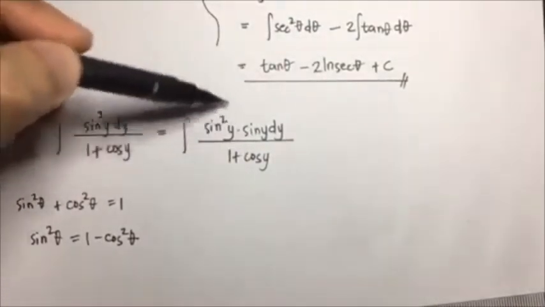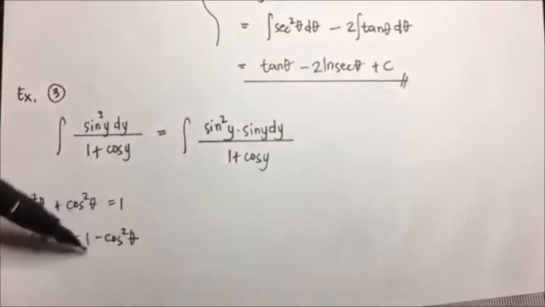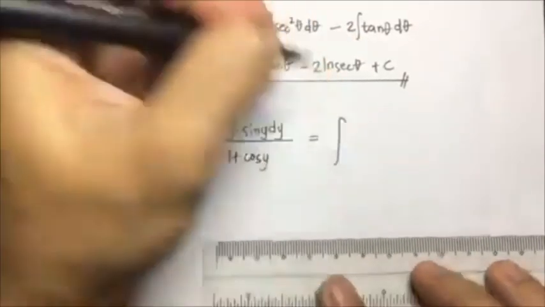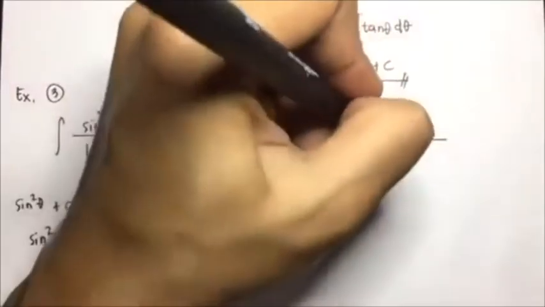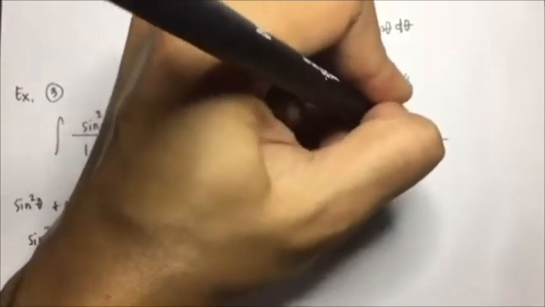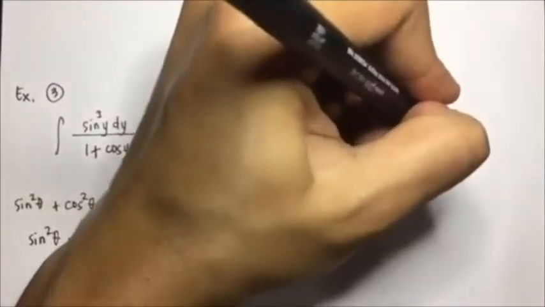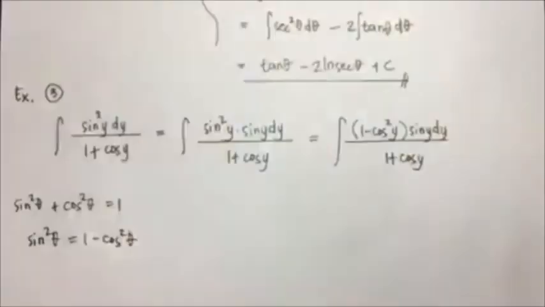But we will replace sine squared y with 1 minus cosine squared y. So it will become the integral of (1 minus cosine squared y) times sine y dy over 1 plus cosine of y.